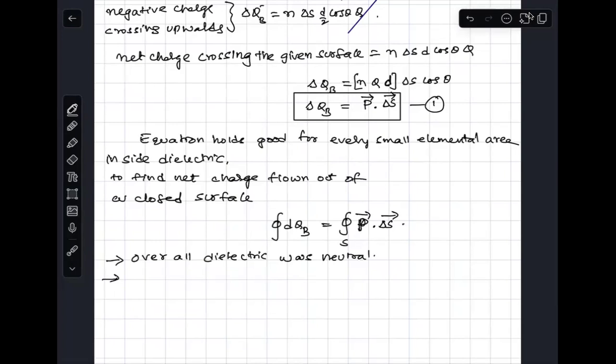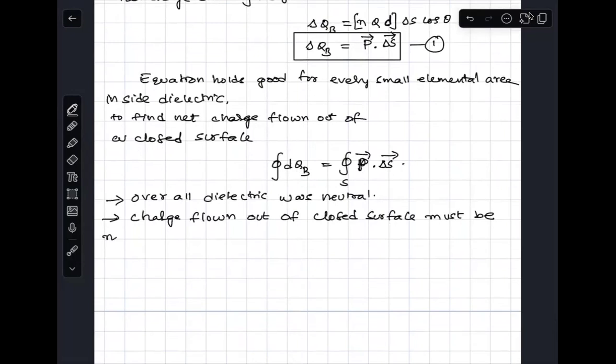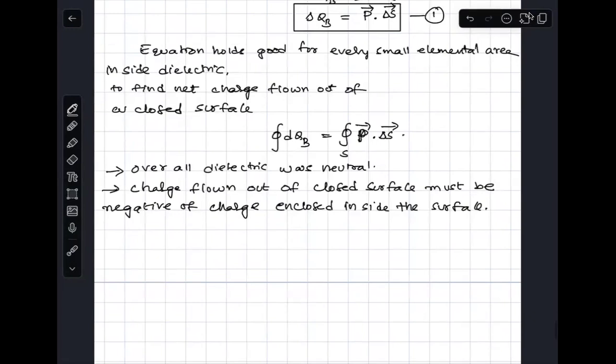So therefore, charge flown out of closed surface must be, this is a very important point, focus on this, must be a negative of charge enclosed inside the surface. This is some diagram of random shape.